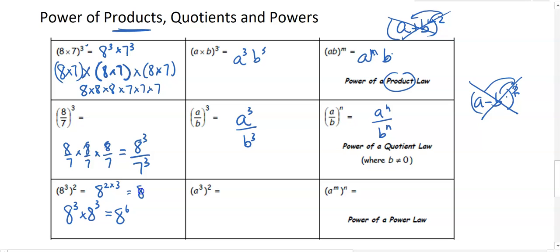And so you can multiply the exponents when you have a power raised to a power, because a shortcut for multiplication is repetitive addition. 3 plus 3 is 6, or 2 times 3. So in this case, it would be 3 times 2, which is 6, or a to the power of m times n. So the only time you multiply the exponents is if you have a power raised to a power.